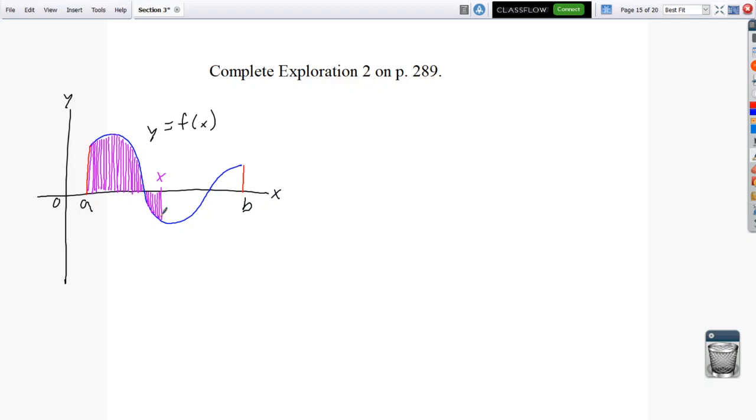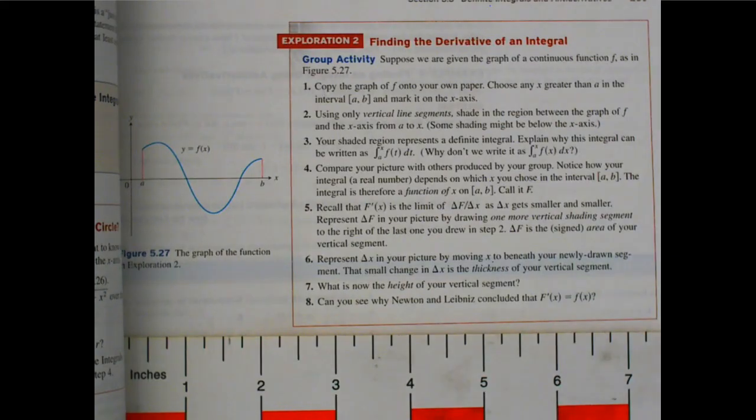Let's see what number 3 is asking us. Okay, so your shaded region represents a definite integral. Explain why this integral can be written as the integral from a to x of f of t dt. Why don't we write it as the integral from a to x of f of x dx? So first off, that is the definition of a definite integral.